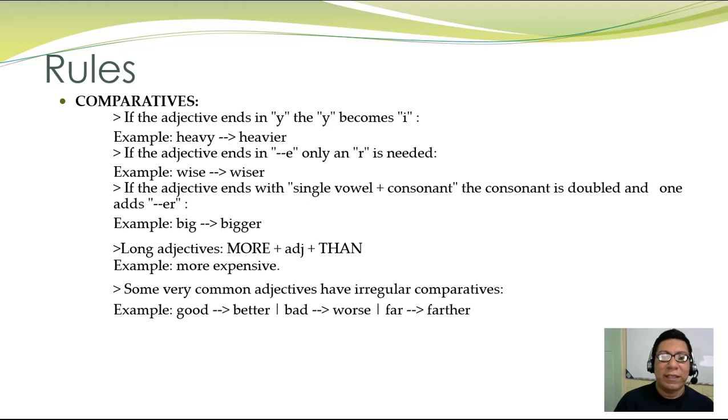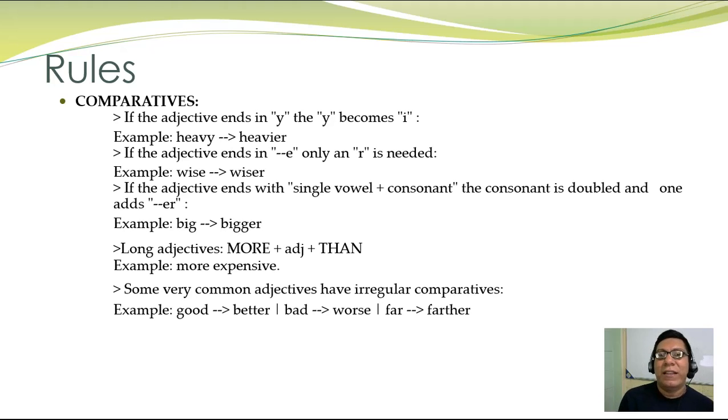Rule number 2, it says if the adjective ends in e, we only add the consonant r. Example, wise, wiser, cute, cuter. If the adjective ends with single vowel plus consonant, the consonant is doubled and then we add er. For example, big, you have consonant, vowel, consonant, then you double the last consonant and then you add er. Big, bigger, hot, hotter, like that.